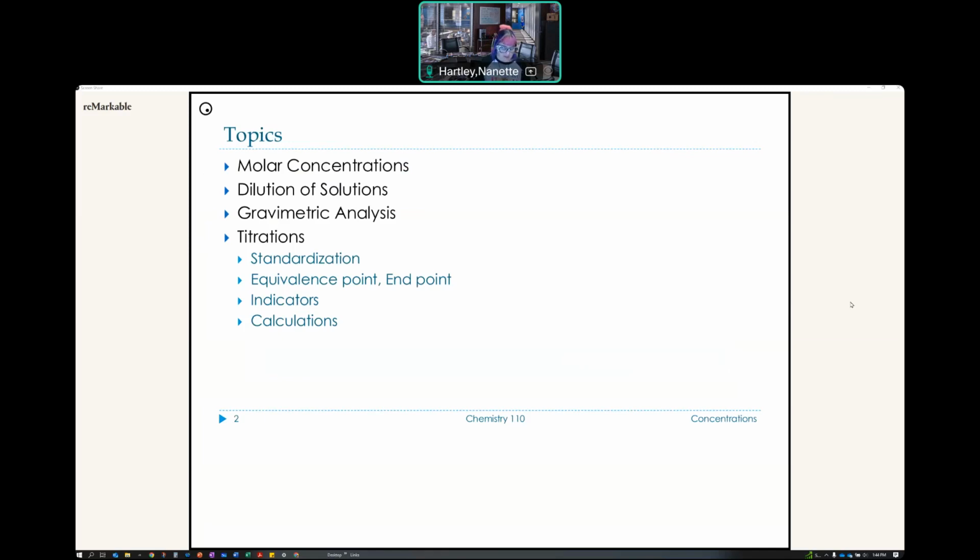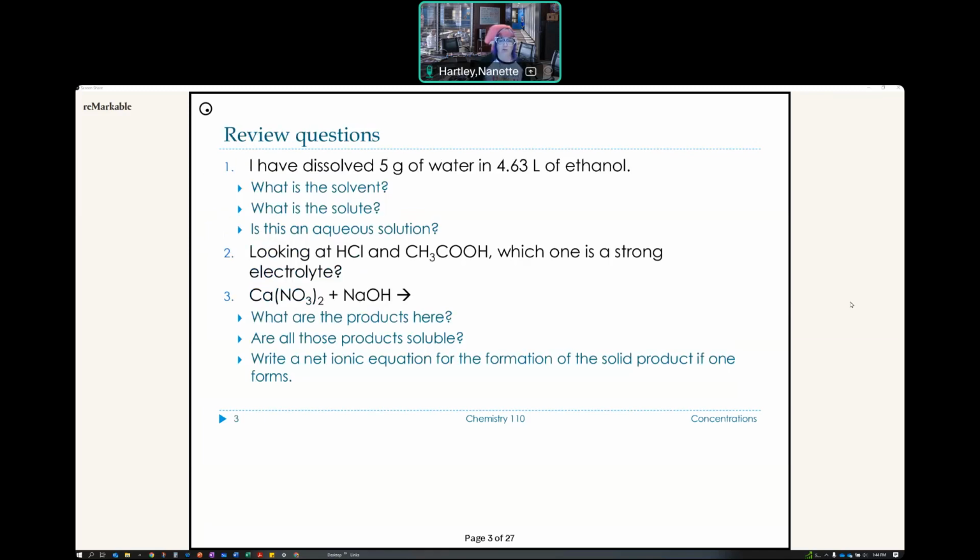Okay. So let's take a little bit of a look at where we've been. I have 5 grams of water in 4.63 liters of ethanol. What's my solvent? What's my solute? And is this an aqueous solution? Remember our definitions: my solvent is the thing that is present in the largest capacity. My 4.63 liters is way bigger than the 5 grams, so my ethanol is my solvent.